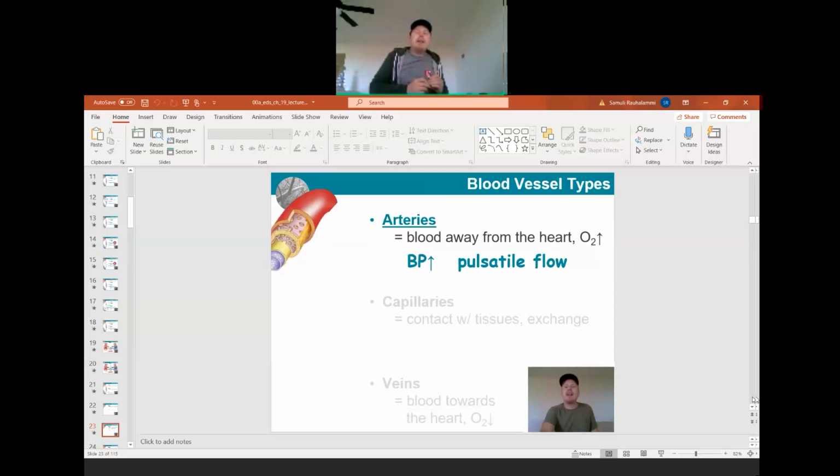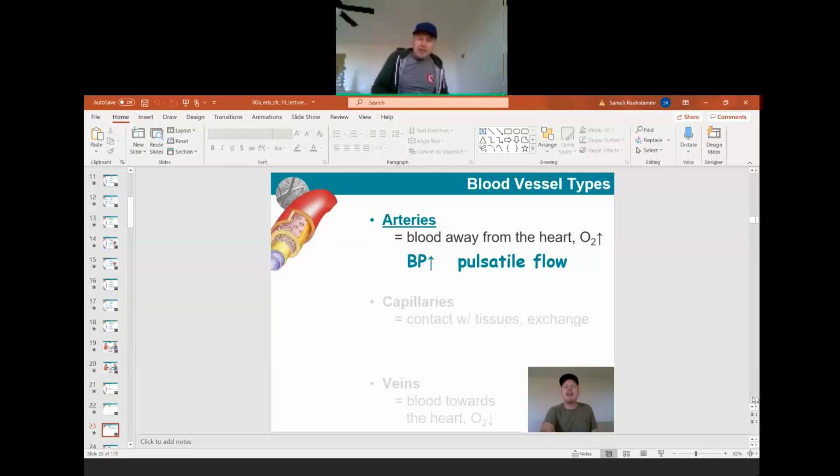So that blood is going to be in high pressure because the blood gets squashed out of the heart very strongly, so that it has the force to do that entire loop that we saw in the systemic circuit. So there's going to be a very high blood pressure. For that reason, the arteries are very thick as well.